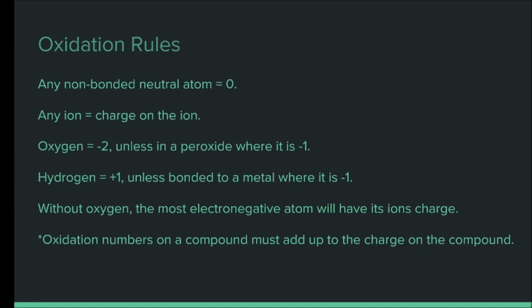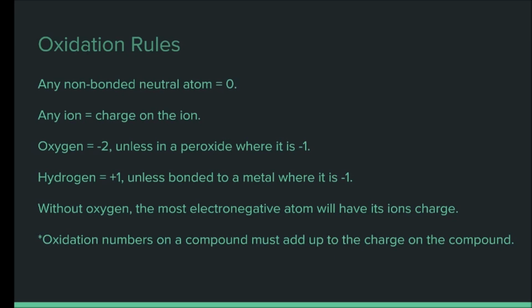And now the most important one is that bottom one there. It says the oxidation numbers of all the atoms in a compound must add up to its charge. So in a neutral compound, the oxidation numbers must add up to 0, because that's what the charge would be. Using these in combination with a redox reaction helps you see which reactants were oxidized and which were reduced.